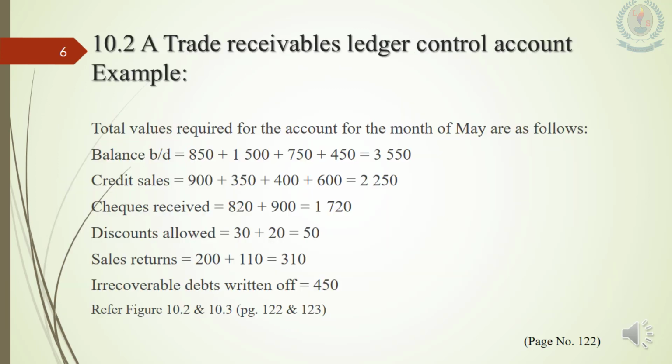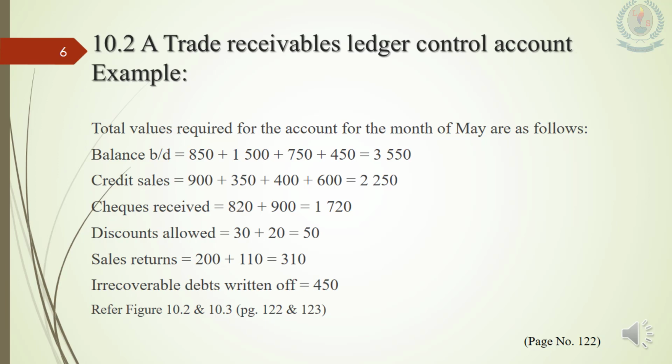10.2 Example, a trade receivables ledger control account. There are 4 individual accounts of trade receivables in figure 10.2. Using the given 4 accounts, we are now going to prepare a trade receivables ledger control account. Let's see. We need to calculate the total opening balances using the opening balances of all 4 accounts.